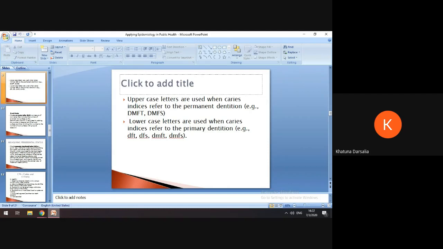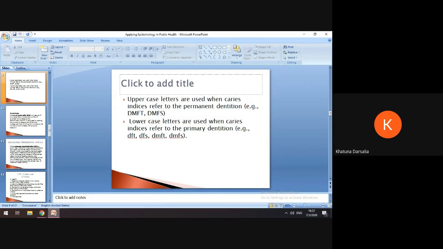The DMF index can be used in children who have not yet reached the age of natural exfoliation to assess the number of teeth or surfaces decayed, missing because of dental caries, or filled. The original description of this index, published in 1944, describes the index as only being used in children ages 7 to 12 years.